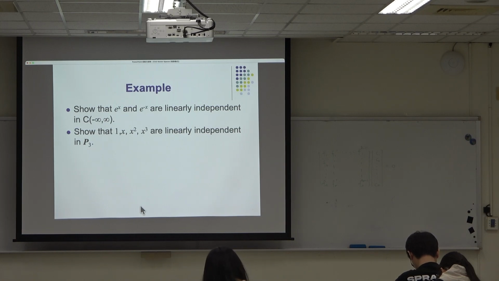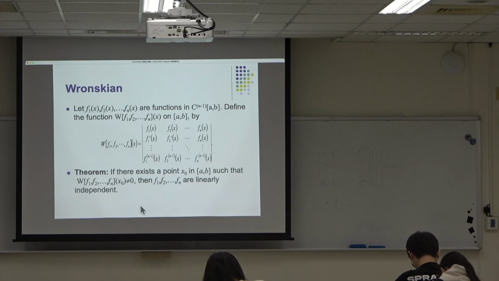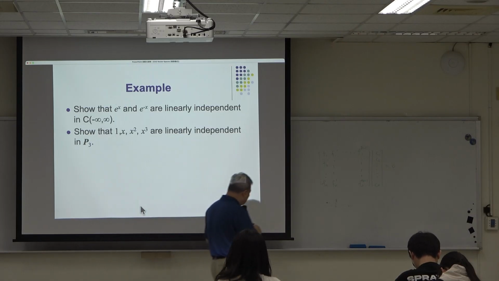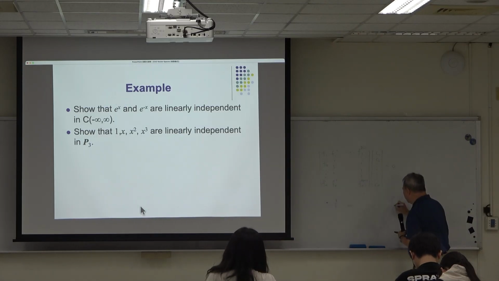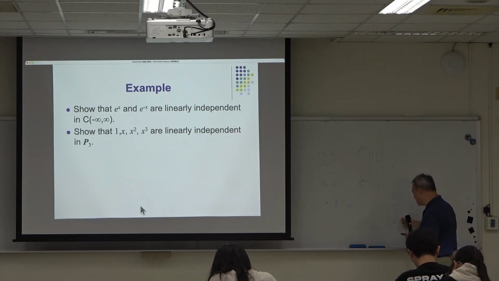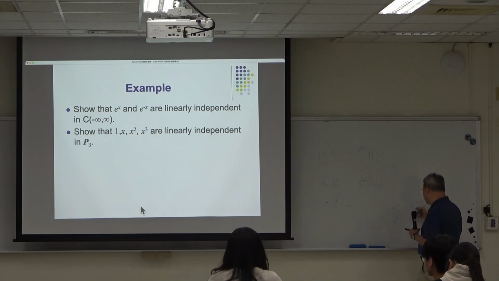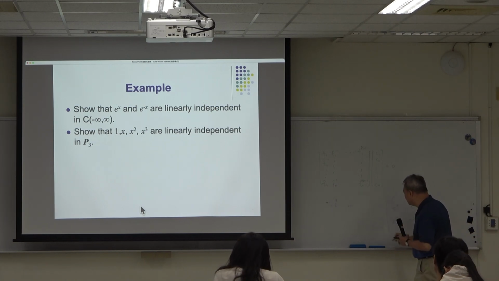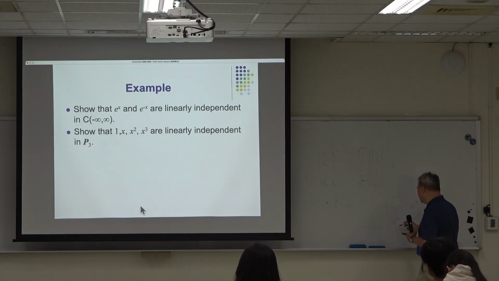Basically, we use the same thing here. So basically we just show that the first one is e^x, e^(-x). Just differentiate. So e^x differentiates to e^x, and e^(-x) differentiates to negative e^(-x). Right? So we try to compute the determinant. Basically we can get the common term out.